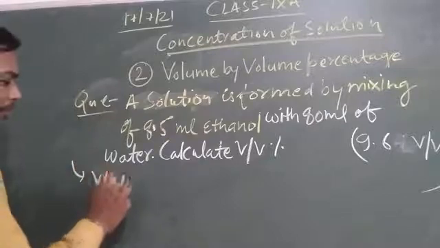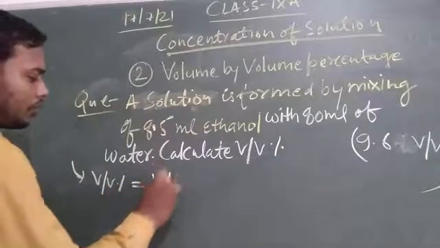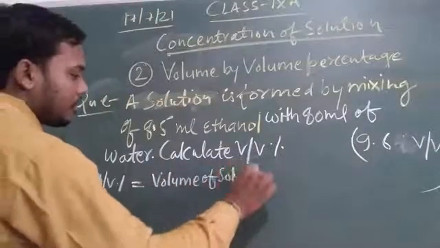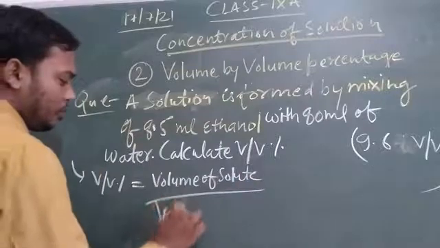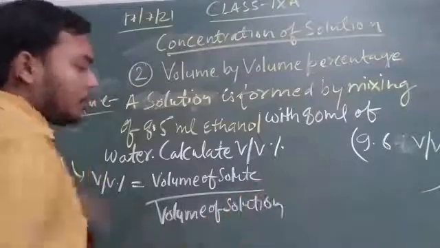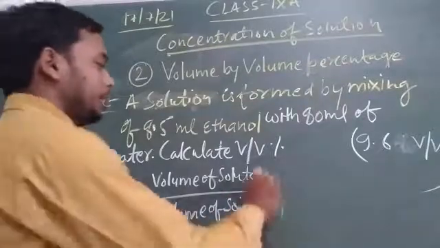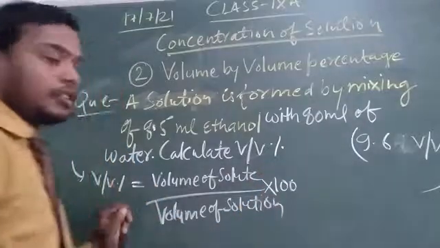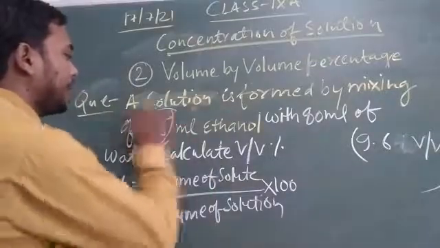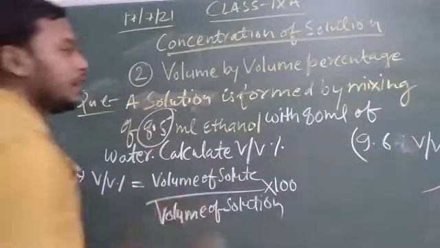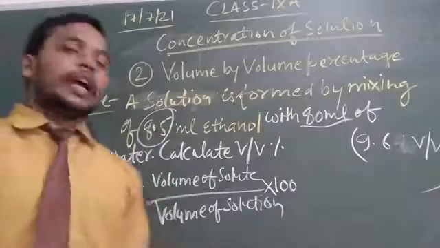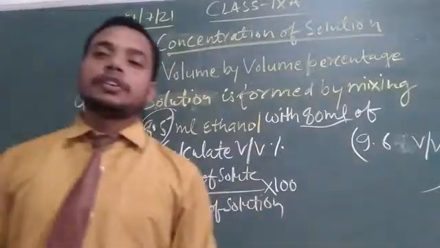Volume by volume percentage is equal to volume of solute divided by volume of solution into 100. Apply this value. What will the solution be? Here 8.5 ml ethanol is the solute, and 80 ml is water, not solution.